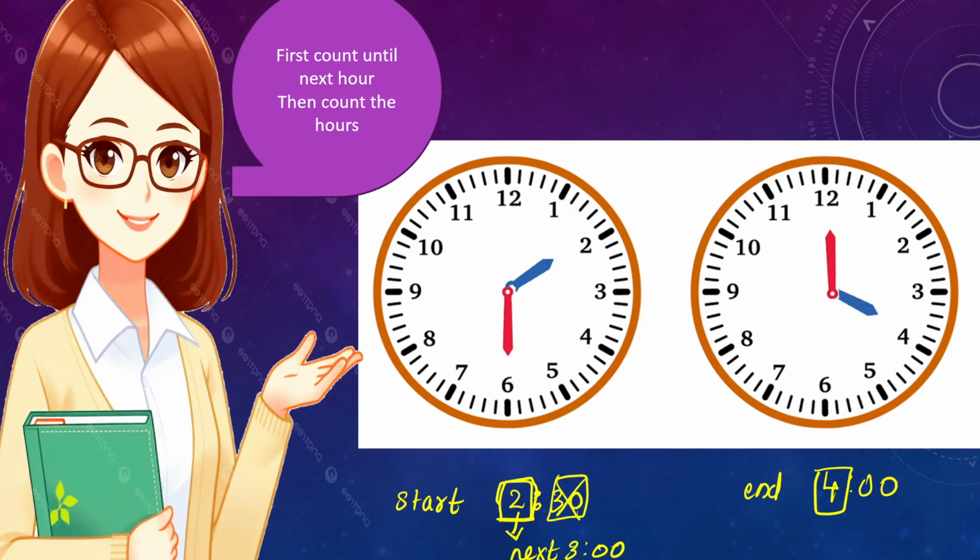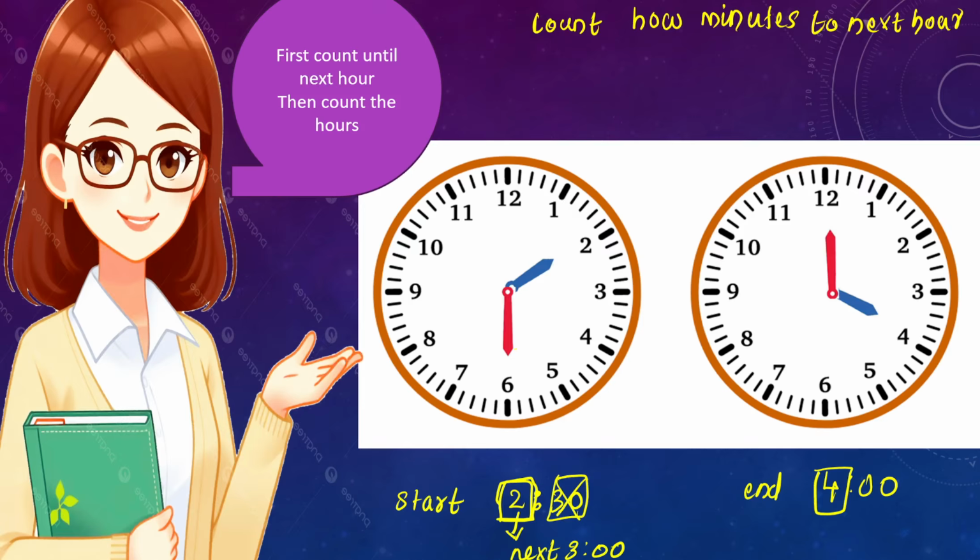You want to check how many minutes are needed for the next hour. The next hour here is 3 o'clock. It is at 2:30.